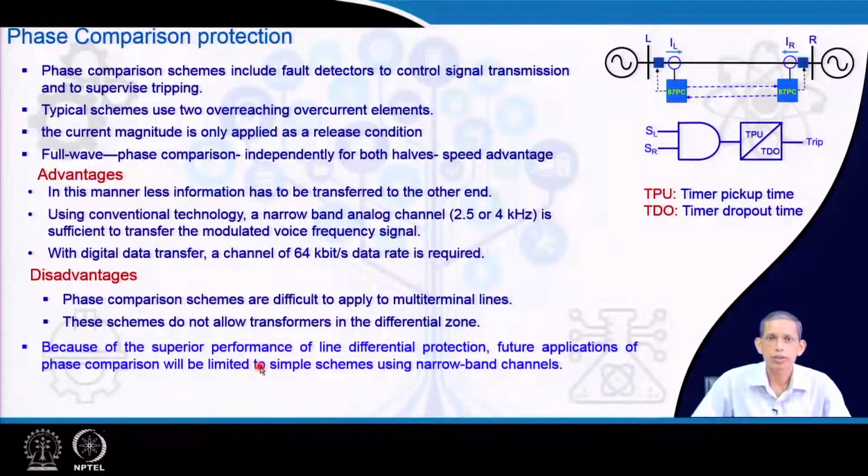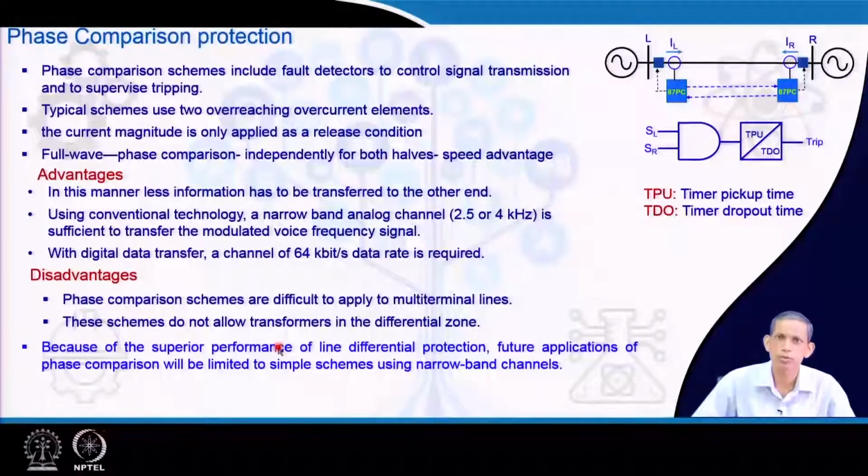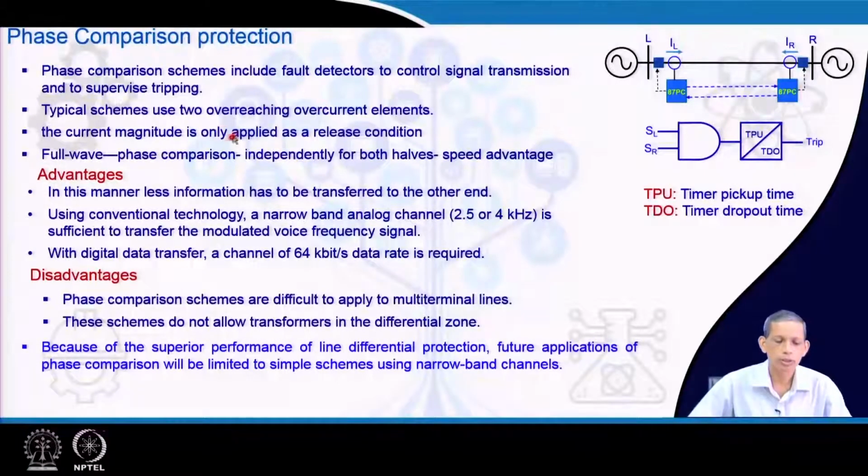The only advantage is that if the corresponding communication band is narrow, then phase comparison protections can be a better option, and there are many old applications in that perspective. So, still in many systems we can find this, but with newer digital technology, this finds a limited scope.